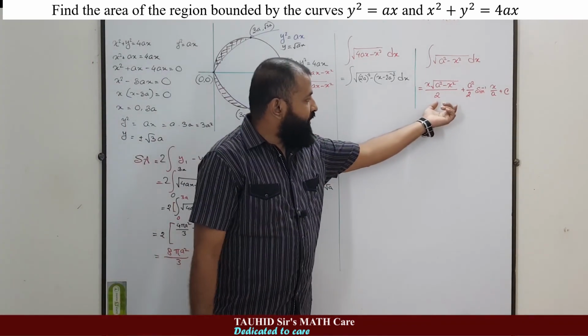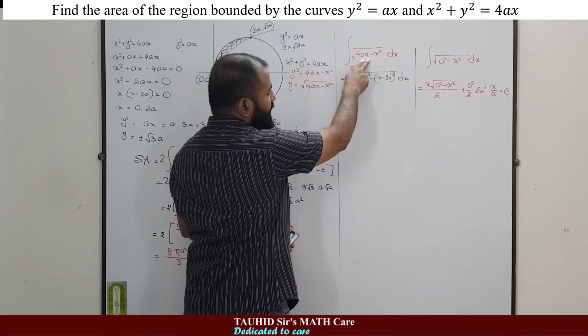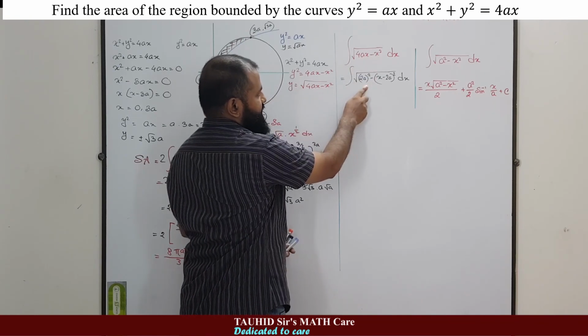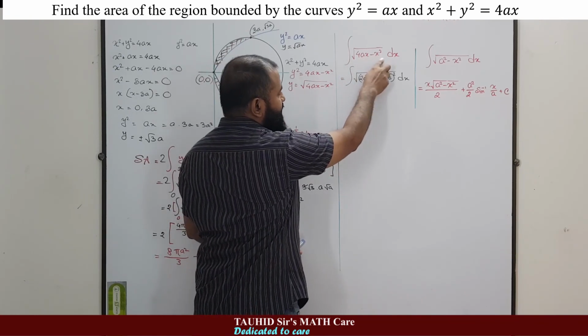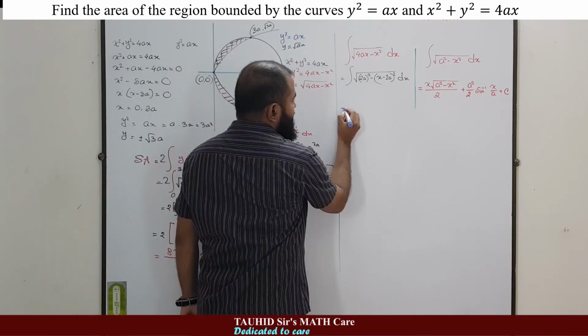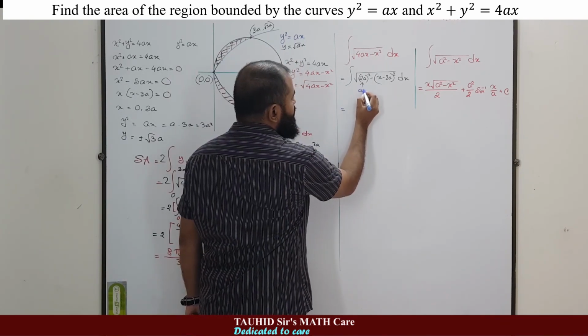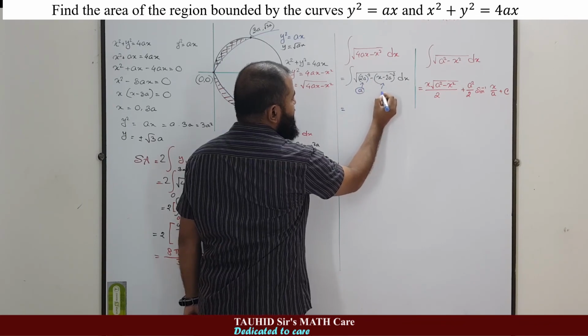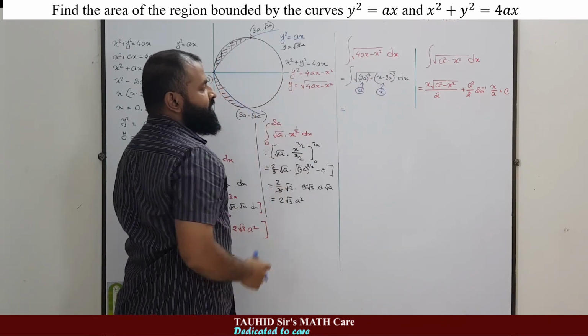So if we use this formula here, we can rearrange this into this. We can write root over 4ax minus x square as root over 2a whole square minus x minus 2a whole square. In place of a we put 2a and in place of x there is x minus 2a.